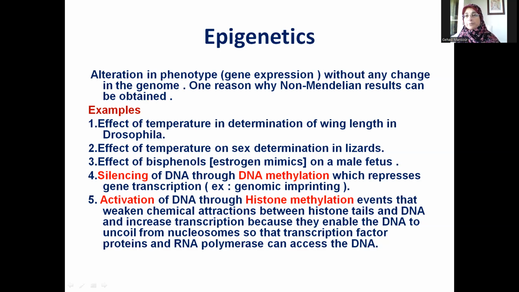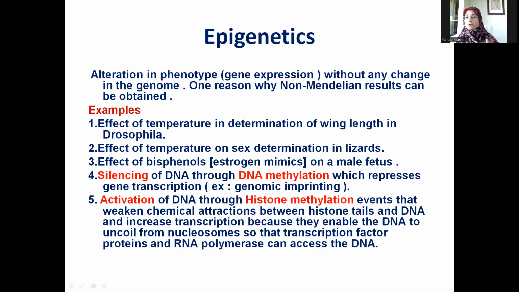Like, for example, temperature. When the expression of a gene changes because of a change in temperature, you haven't made any change in the genome, but all what you did is that you changed how the genome was expressed into a trait. And this is what we call epigenetics.